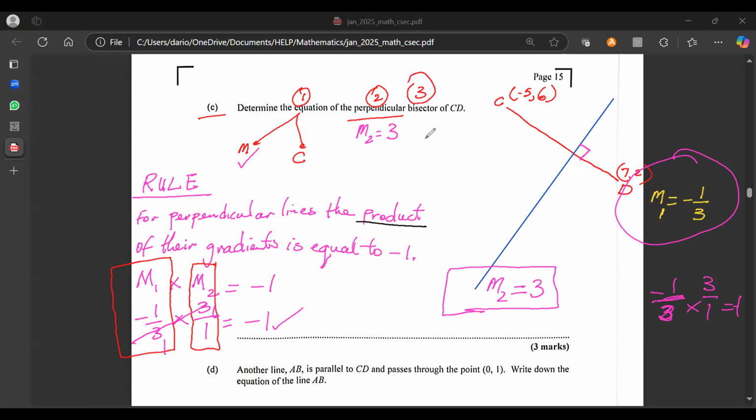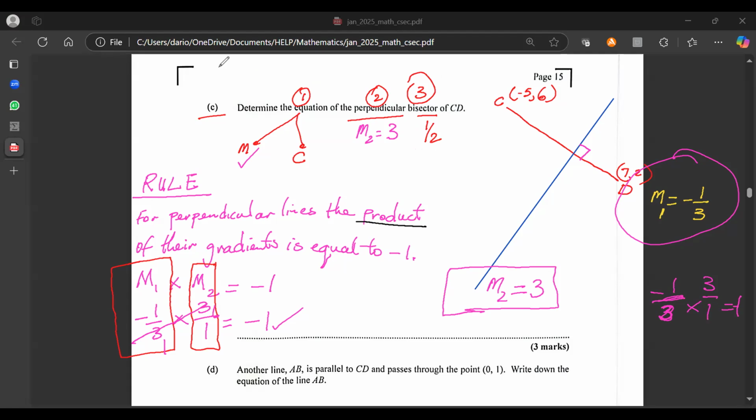A bisector cuts something in half, a line in half. What did I just say, Shania? Yes, the bisector cuts the line in half. What did I just say, Tyrese?